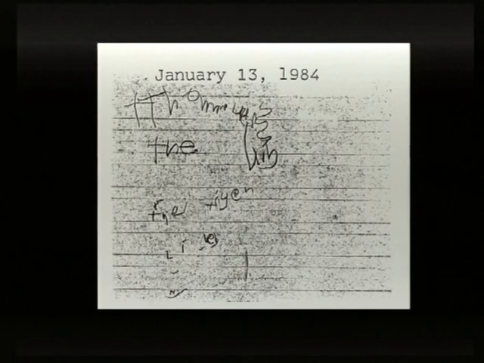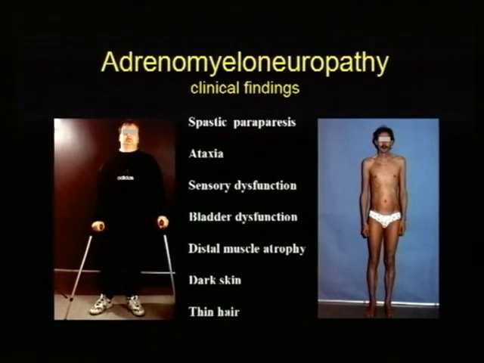That is, he was a boy who had developed perfectly normally, then at age 4 or 5 developed something that looked like attention deficit disorder, and then had this crash, this nosedive, shown here in his handwriting, and he went on to total neurological disability and death within 2 to 3 years. So this then is the childhood form of the disease, and then this is the adult form of the disease.